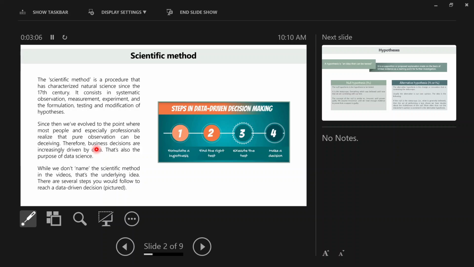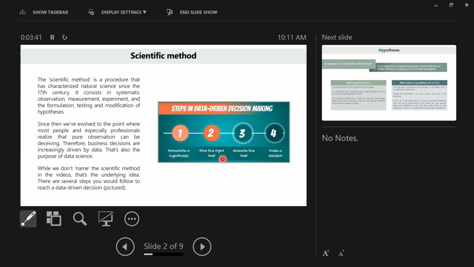So there are several steps you will follow to reach a data-driven decision. These are the steps in data-driven decision making. The first one, you need to formulate a hypothesis. Like we are saying that Facebook marketing is better than billboards. Then you want to test to know if it is true or not. After that, you find the right test. Am I going to use the Z or the T statistic?